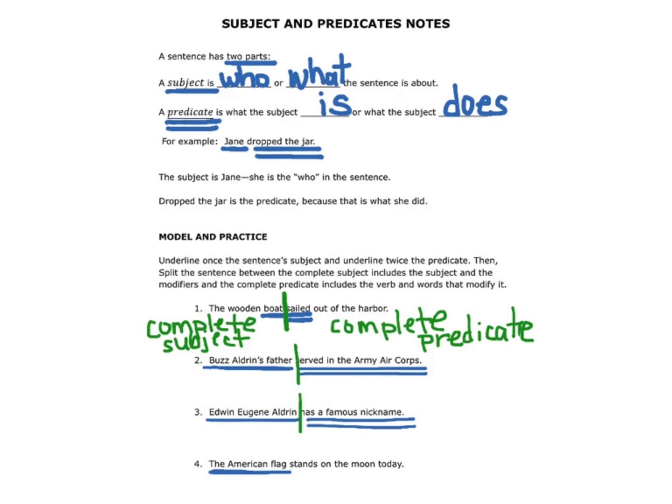And double underline stands on the moon today as what it is or what it does. So it does stand. The American flag is the what, and it does stand. We're going to split that sentence into complete subject and complete predicate.